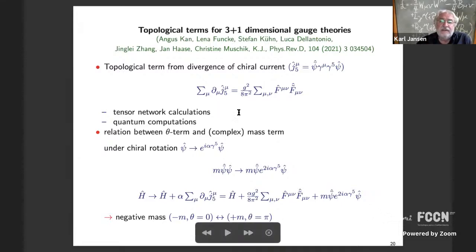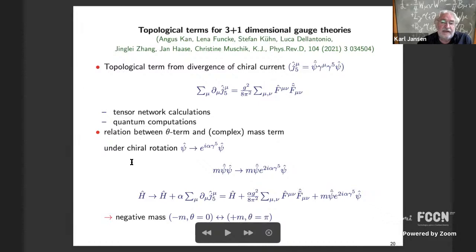And the key was the anomaly equation. If you look at the divergence of the chiral current, which is given here, then this is related to the topological term in this way. Therefore, through this divergence, you can derive the Hamiltonian form of the topological term.